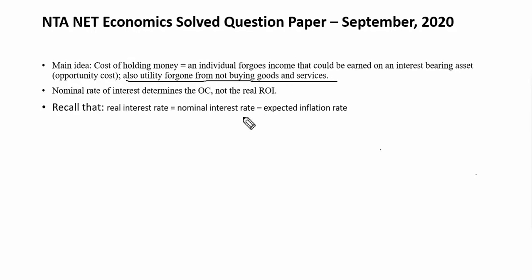When the person is holding money, that means he's saving the money and not using it for buying goods and services, so there is a utility being foregone. So basically the cost of holding money is the summation of the foregone income that could be earned on an interest bearing asset, and secondly the utility foregone from not buying goods and services. So this summation of 1 plus 2 is basically the cost of holding money.